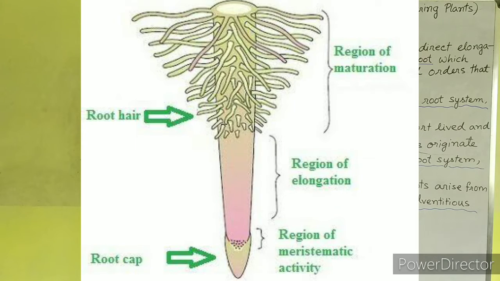You can see the labeling in the diagram. From this region, some of the epidermal cells form very fine and delicate thread-like structures called root hairs. These root hairs absorb water and minerals from the soil.